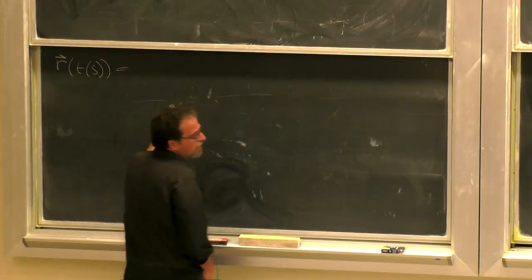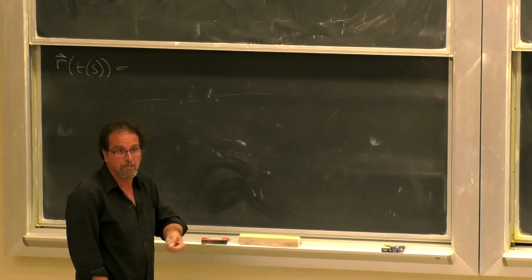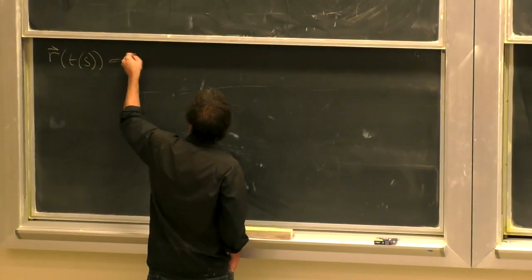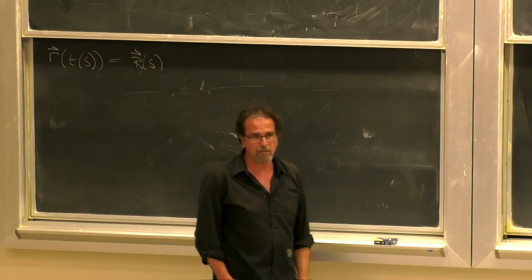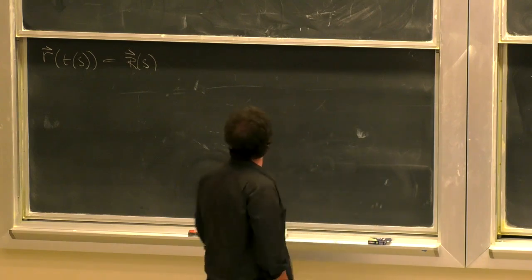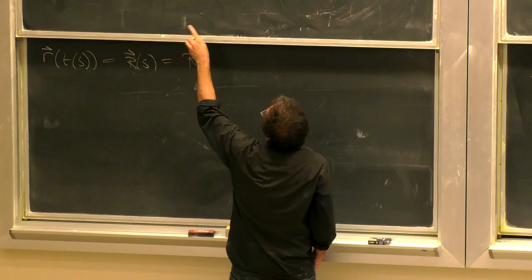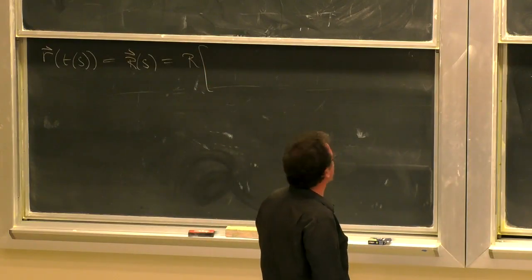And I need to give it a different name because it's a different function of s, right? It's not the same function. You can't just call this r of s, right? So I'm going to call this capital R vector of s. That is the arc length parameterization of this curve, where s is the arc length. And so wherever I see t in that expression, I substitute that. And now you see that it's very simple.